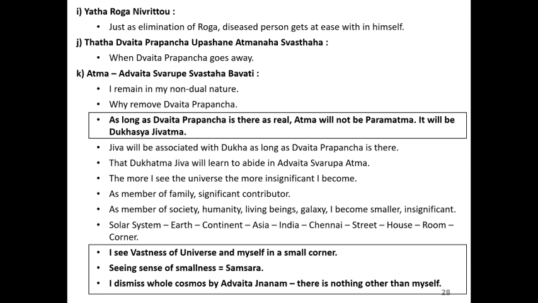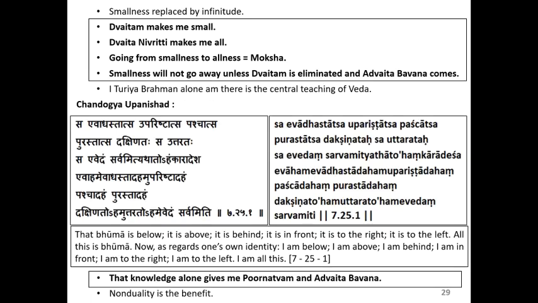But when I know that I am the sakshi or the turiya Atma, I dismiss this Dvaitam experience and hold on to that pure Advaita experience. Dvaitam makes me small, Advaitam makes me all. There is a difference between small and all.